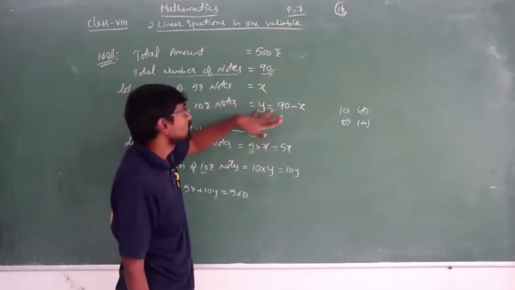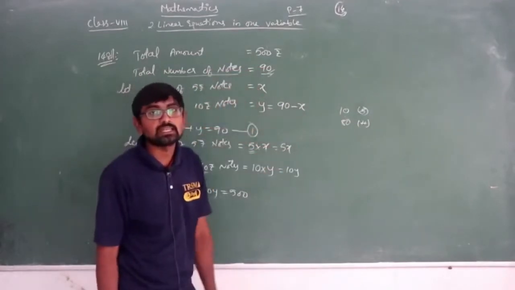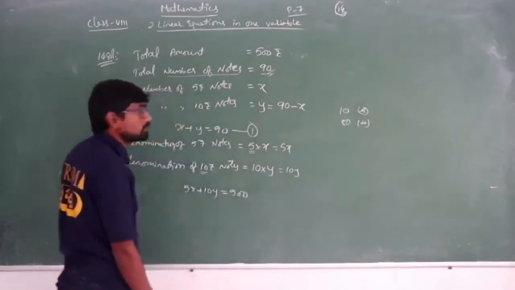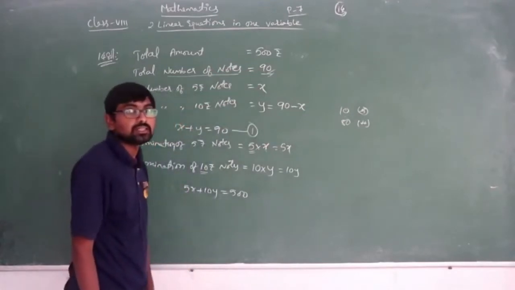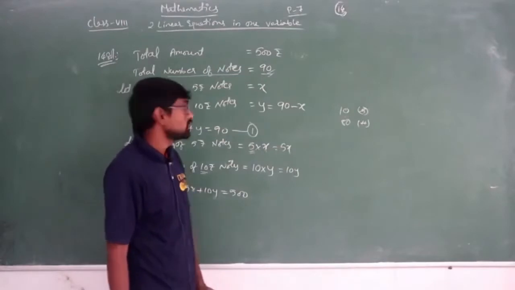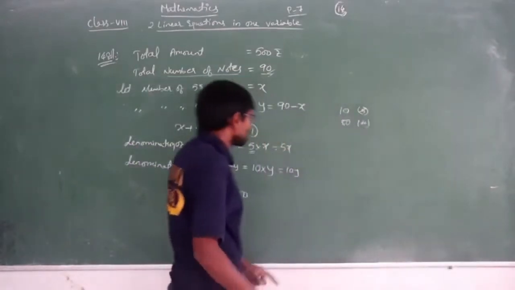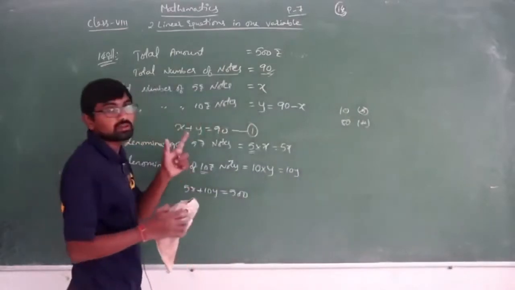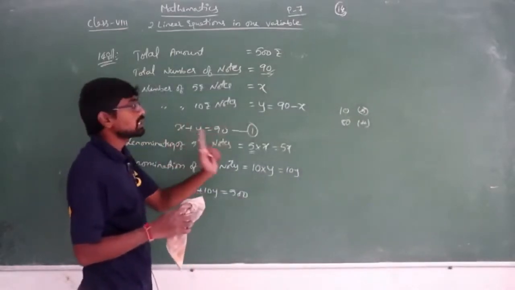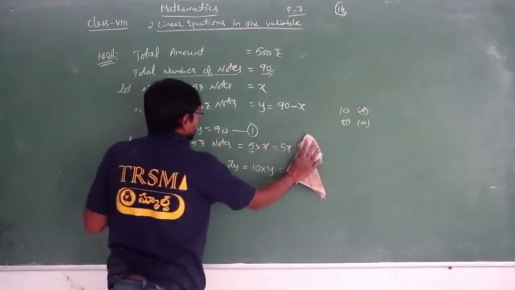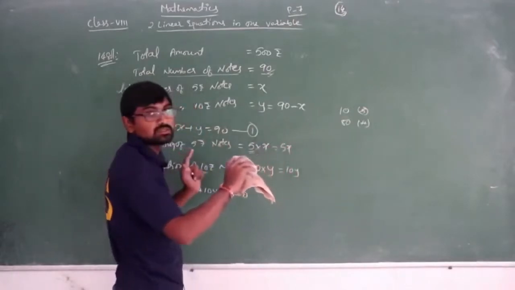It means the value of Y I can take as 90 minus X, yes, absolutely. So instead of solving this in 2 equations, we can solve it using one single equation. So can I erase this?